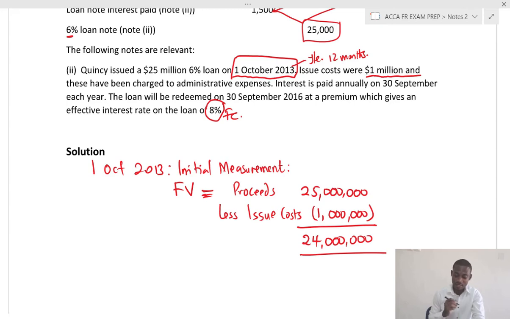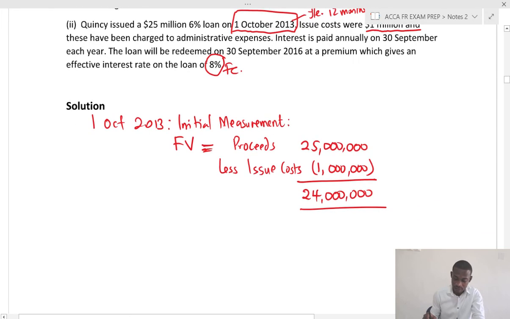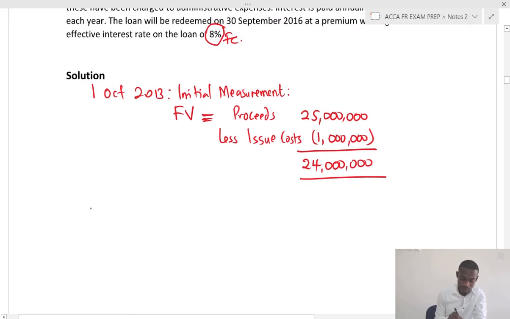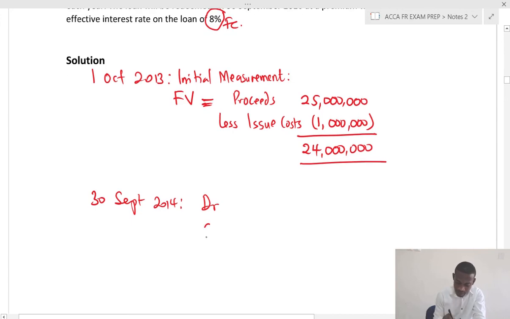So it means that in the P&L, we have to do an adjustment. The adjustment would be at the year end, 30th September 2014, we will have to debit. I'll show you what to debit and what to credit. Now, the debit should go against the loan note, because the loan note itself is already a credit item.